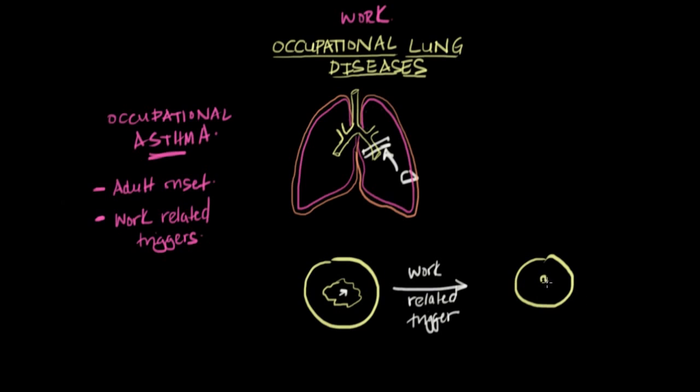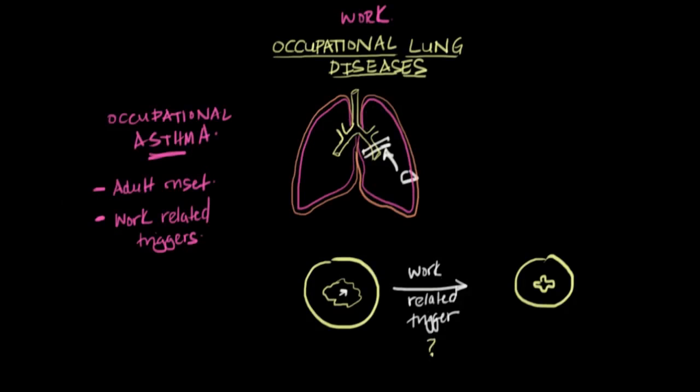And secondly, the lumen of the airway becomes smaller as well. Just looking at this very simplistic diagram, you can see that trying to breathe through this airway is much more difficult than breathing through a normal airway. And this is what accounts for the symptoms of asthma.